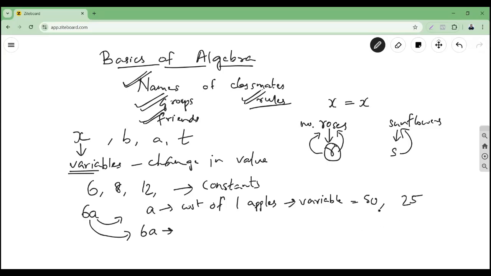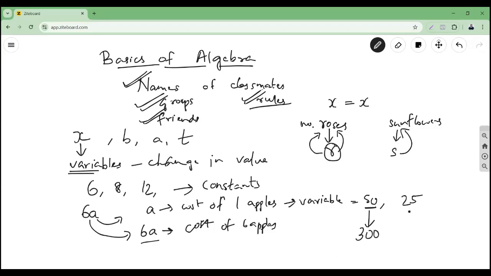Let's take two scenarios, shop one and shop two. What happens to the cost of 6 apples? 6a means the cost of 6 apples, 1a, 1a, 1a, like that. 6 apples is short form as 6a. Now think and see. If one apple is 50 rupees, then 6 apples will be 300 rupees, right?